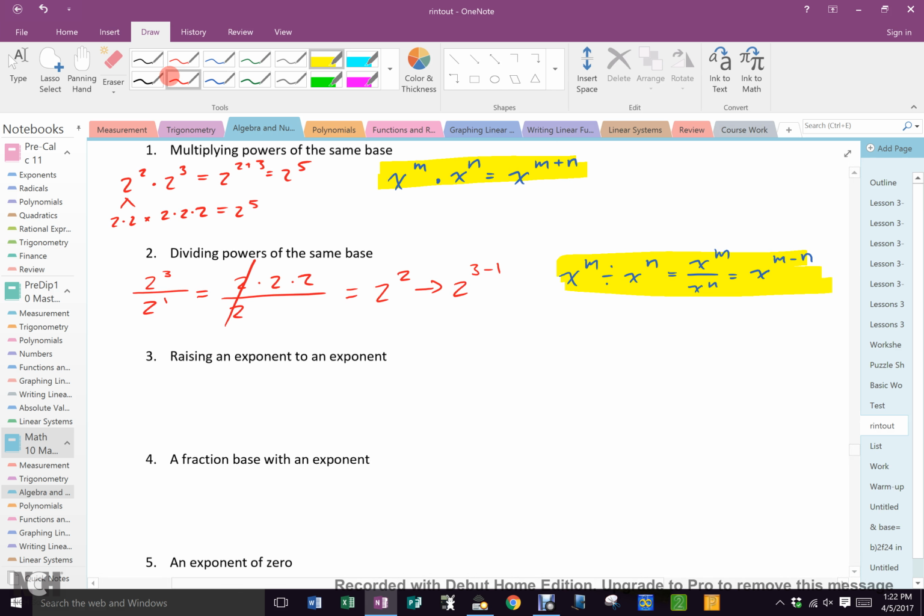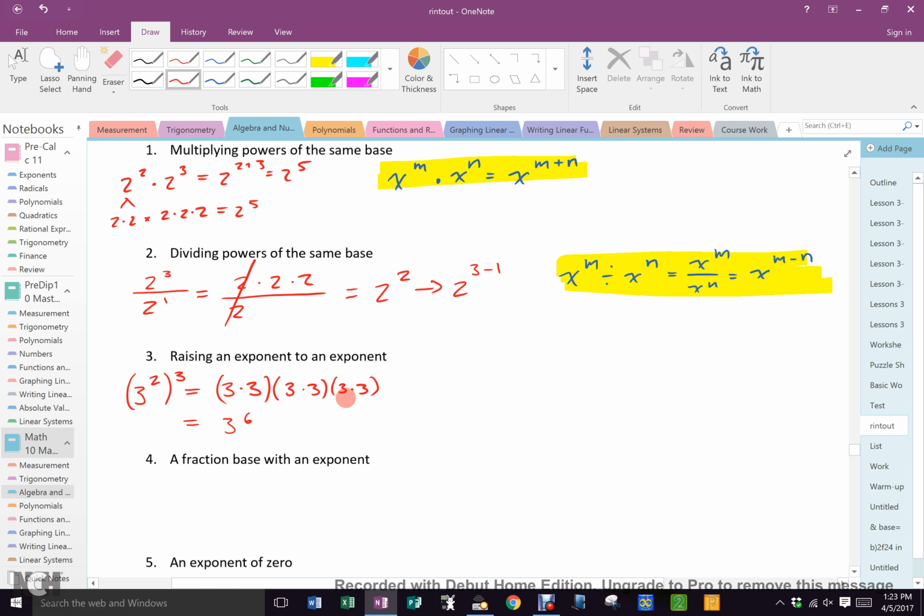Raising an exponent to an exponent. 3 squared cubed. What's the answer? Why? Because there's 3 times 3, and there's 3 of those. 1, 2, 3, 4, 5, 6 threes.